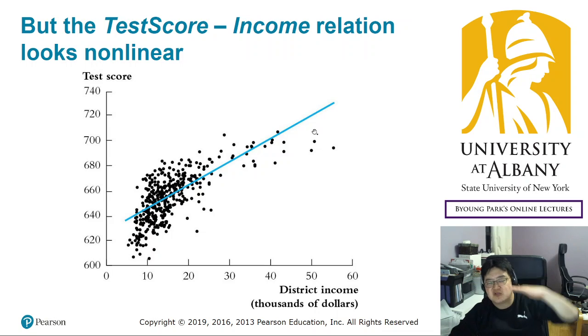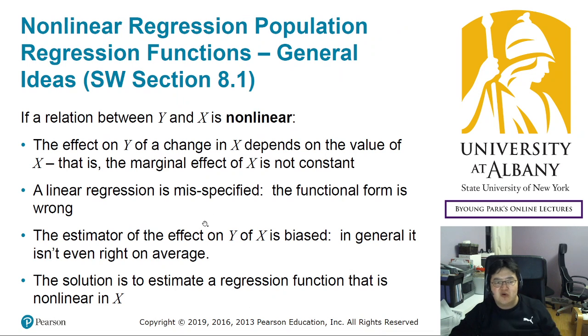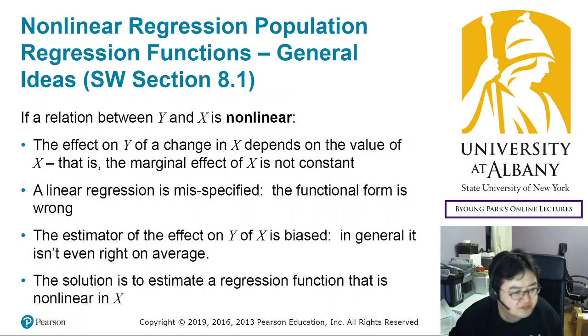But here, the true slope is flat, but your estimated line is steeper, so overestimated. This is all because of the nonlinearity: the truth is nonlinear, but your assumption is linear.